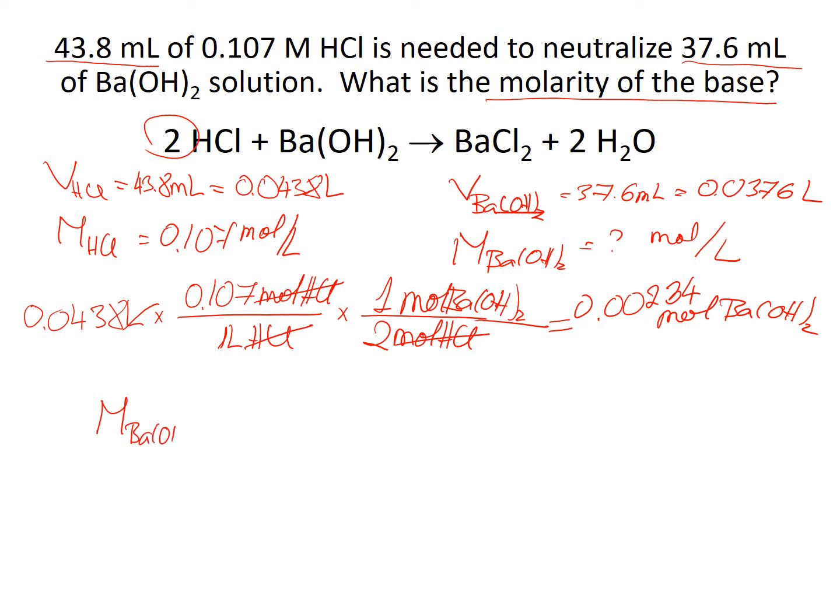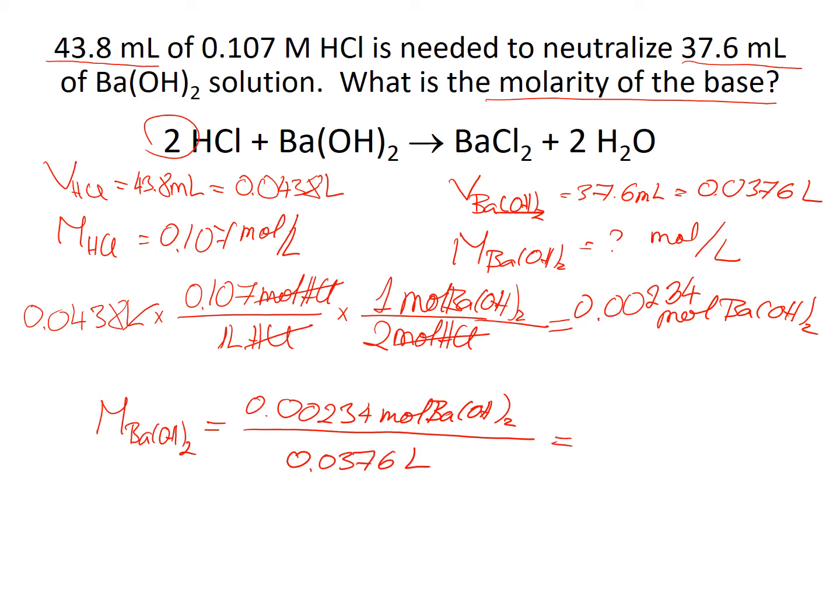And then we're going to say that the molarity of the barium hydroxide solution is the number of moles, 0.00234 moles of barium hydroxide, and all these moles are in the 37.6 liters of solution.